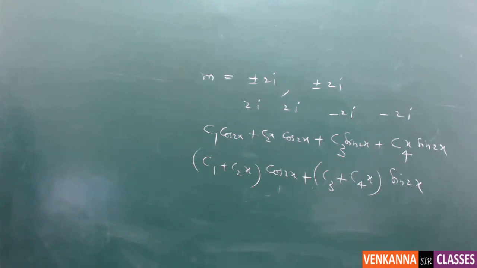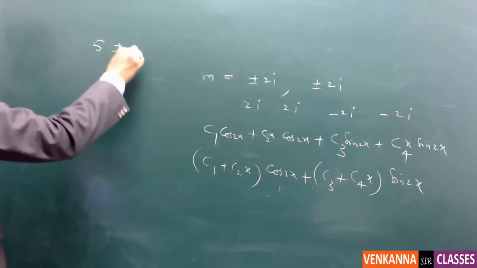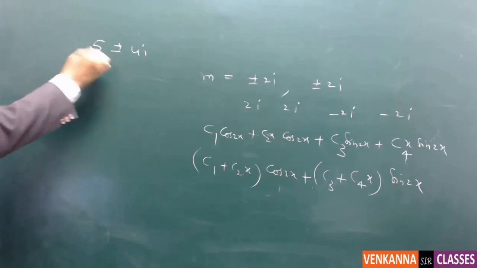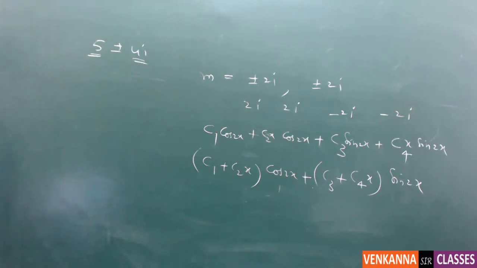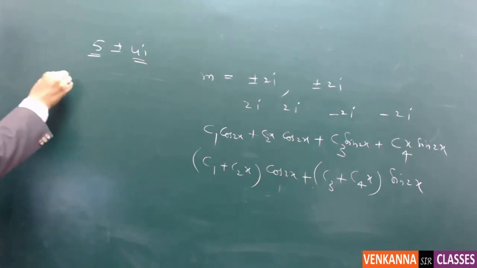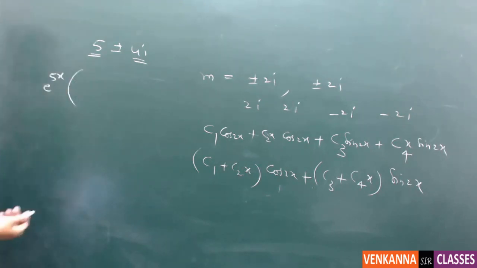Give me the value of m. So 5 plus or minus 4i, right? So here the real part is 5, the imaginary part is 4, repeated. So e power 5x is clear.